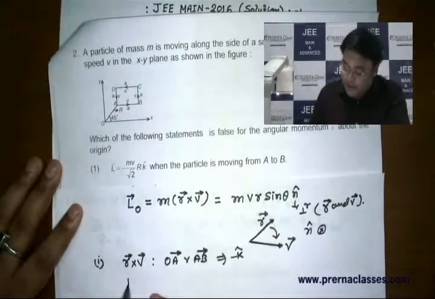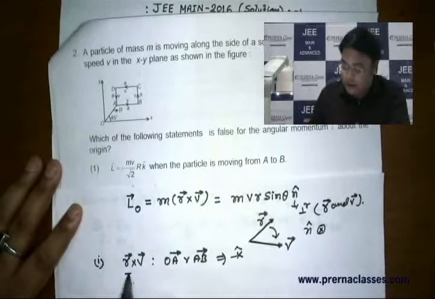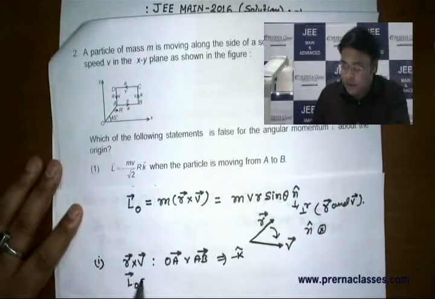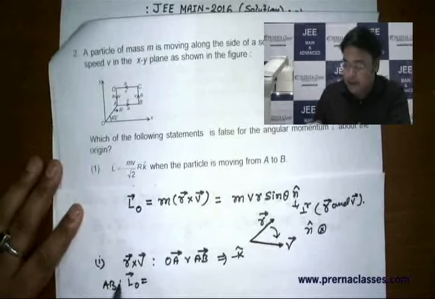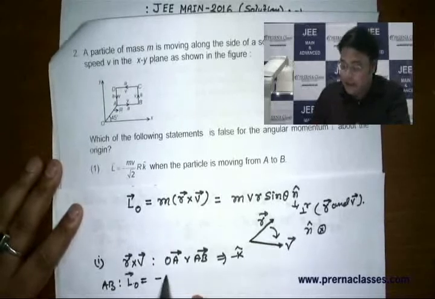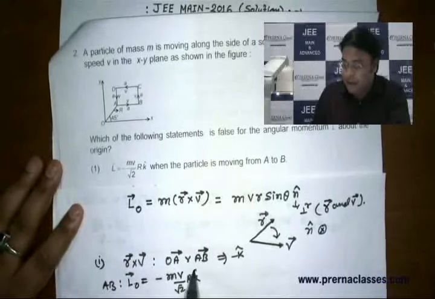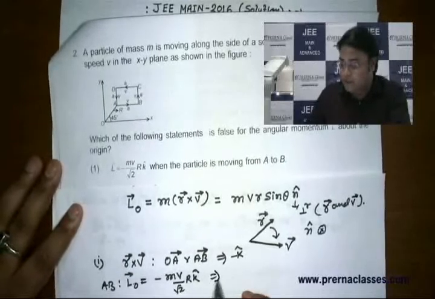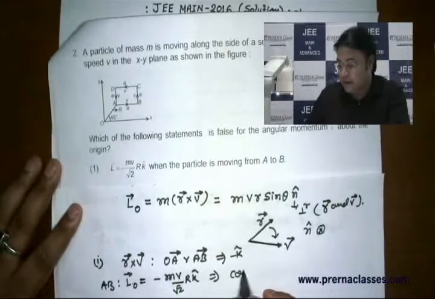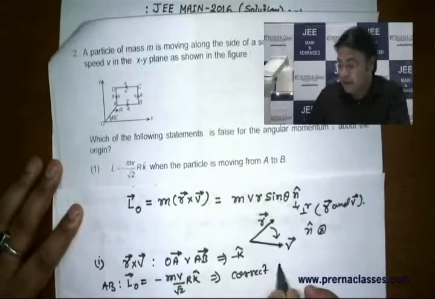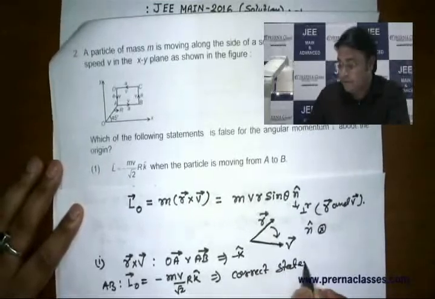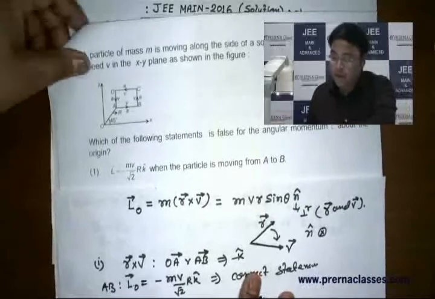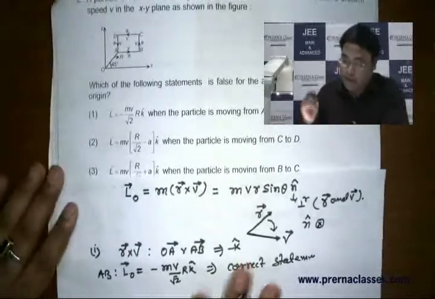So the actual value of angular momentum about O for A to B is minus mvr by root 2 k cap. So that implies the first option is correct. But you have to find out here the false statement.